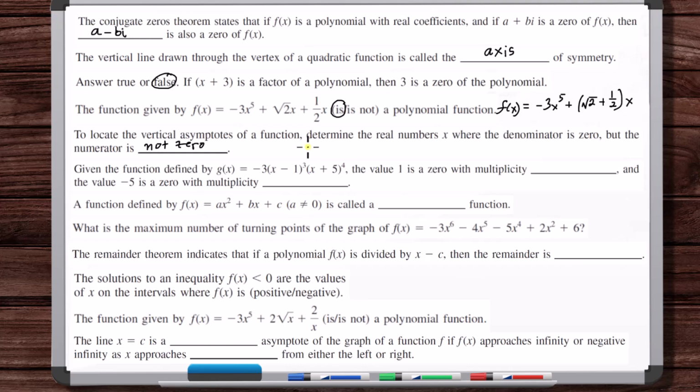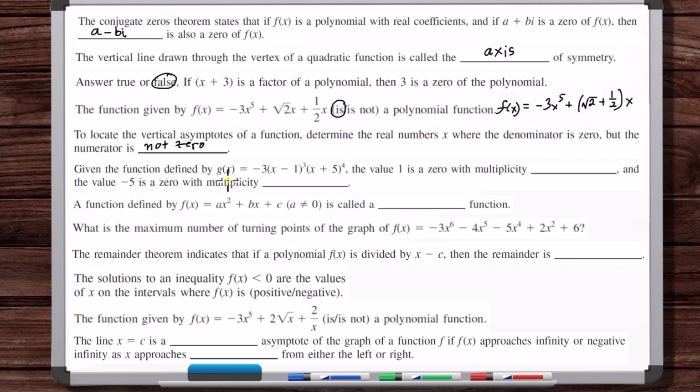So as long as you have some non-zero number in the numerator and you're getting very close to 0 in the denominator, you're going to balloon to infinity. If both are going to 0 in the numerator and denominator, then that's like a hole in the graph. It's a different scenario.